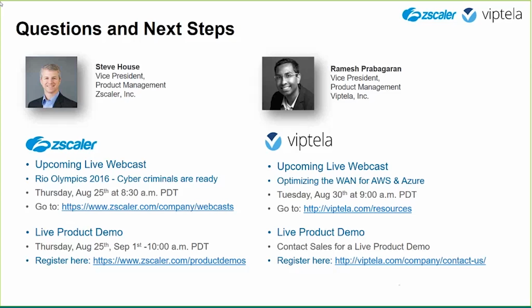That's the on-ramp from the enterprise branch into the Zscaler cloud, and it is configured through a very simple few clicks on vManage, and this would automatically set up a GRE tunnel. And for liveliness detection, we run keep alives inside so that traffic can move over to the other GRE tunnel that's automatically set up in case there is a failure. Steve, do you want to add anything? No, I think that covered it.